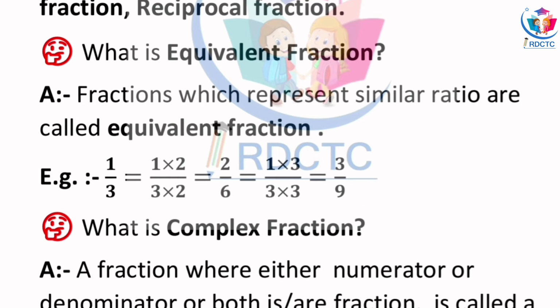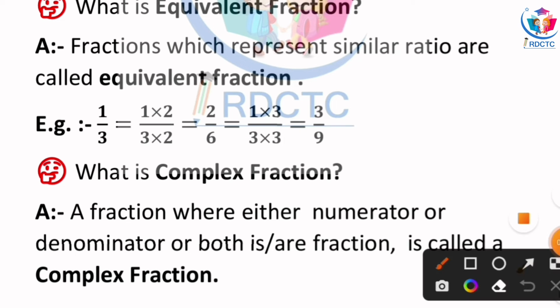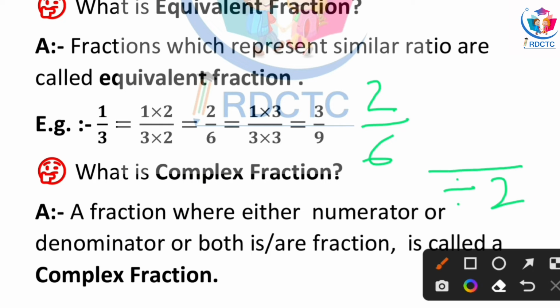Let's see this. Here I write 2 by 6. If I turn this fraction into reduced form, then we have to divide the numerator and denominator by the same number, and here I divide them by 2.